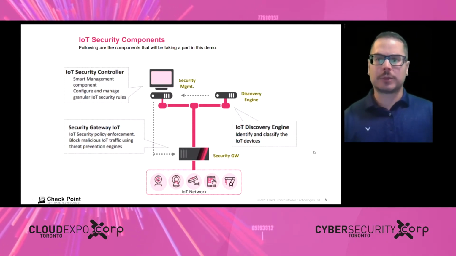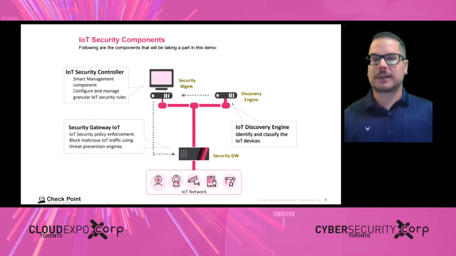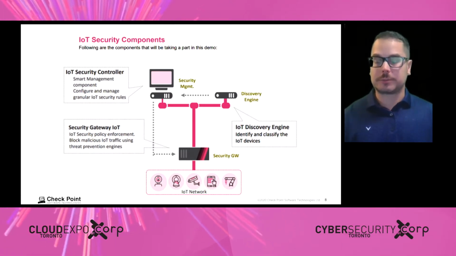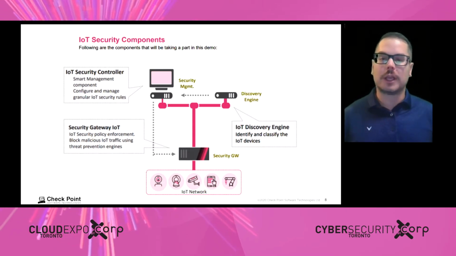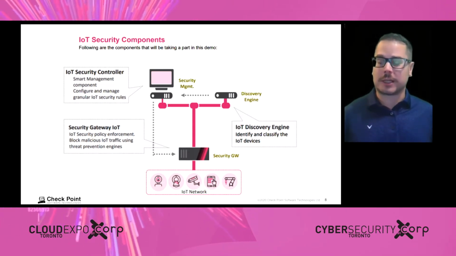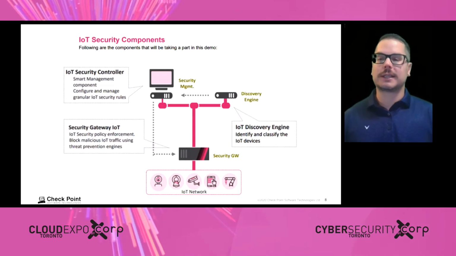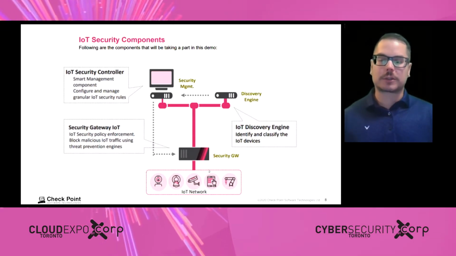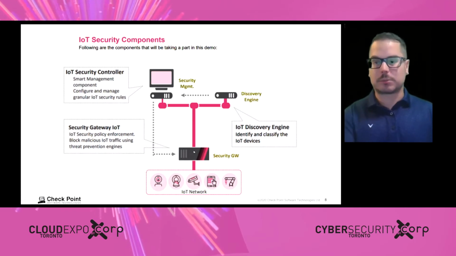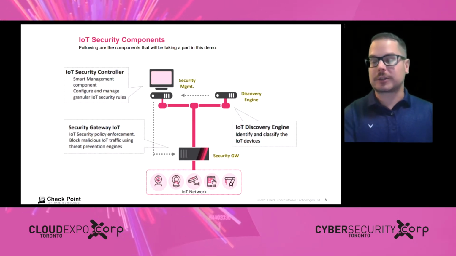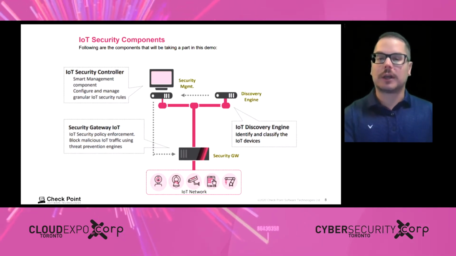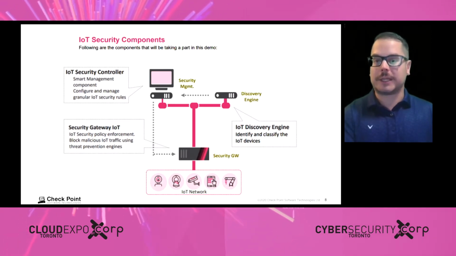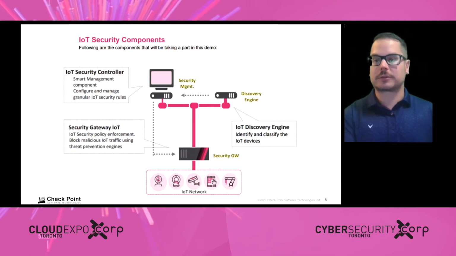So a key component is that the discovery engine's information can be dynamically consumed by the security management server and actually dynamically create policies for us. And this is something that's a bit new, because typically with a network security device, you would implement the policy manually based on your understanding of the network. IoT environments are simply too rapid and we need to be agile in order to meet those requirements.